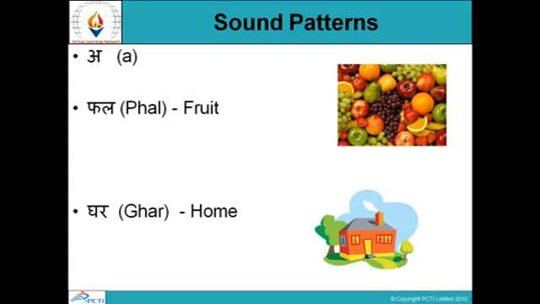Fal is fruit. Different fruits we have: mango, apple, banana, pear, grapes. These are all fruits. In Hindi we call it fal.